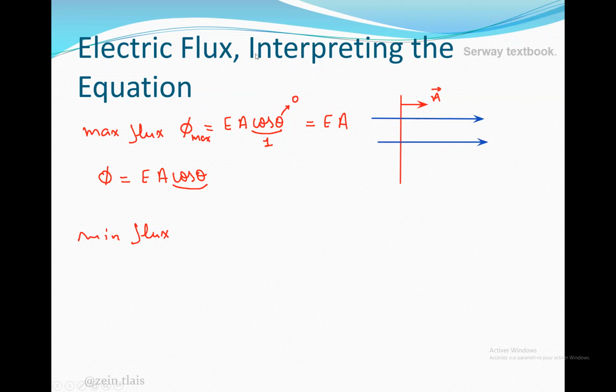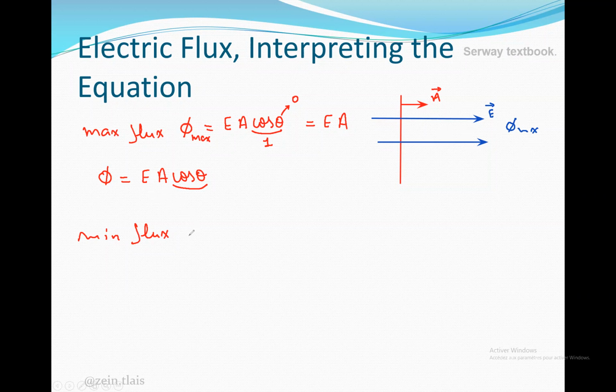The angle between E and A is equal to 0. So in this case, we get the maximum quantity of flux passing through the window. Here we have the maximum flux.